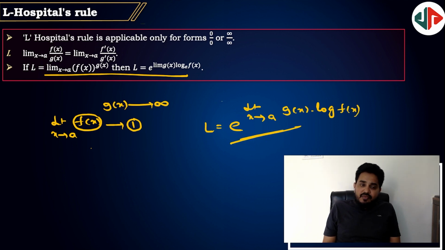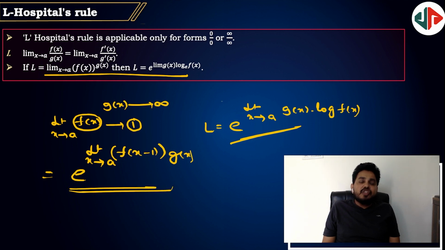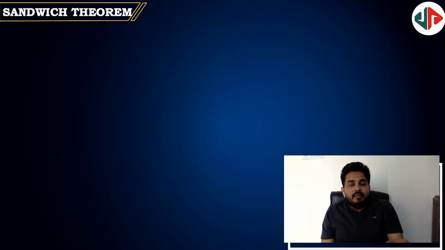On simplification, when it is 1 to the power of infinity, simply e to the power of limit extending to a, f of x minus 1 into g of x. This is the best way of solving this question.